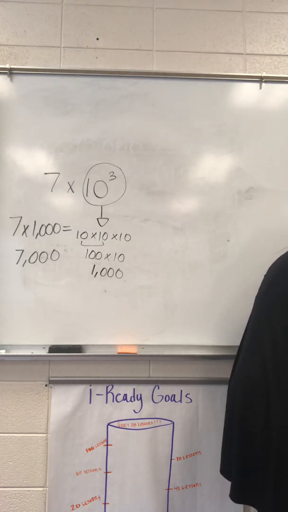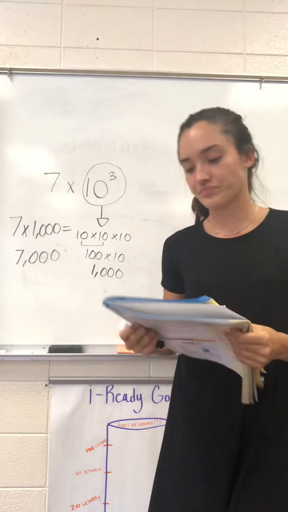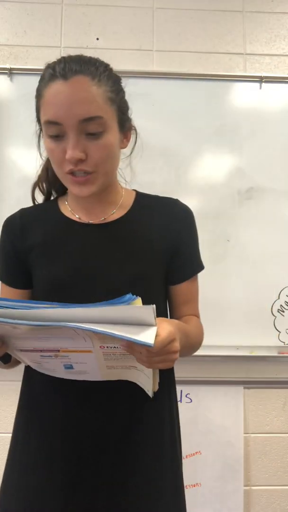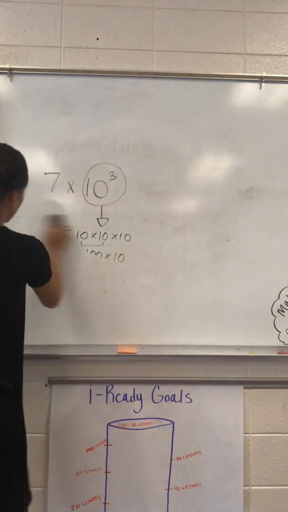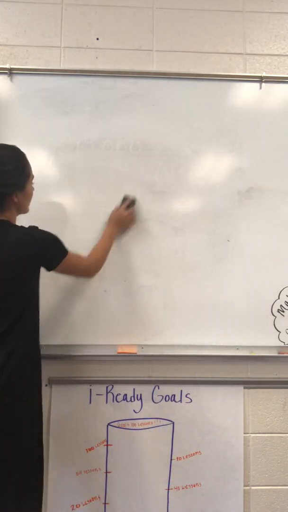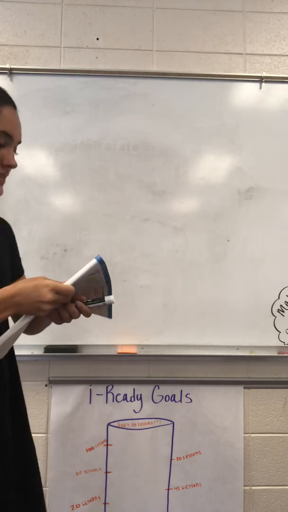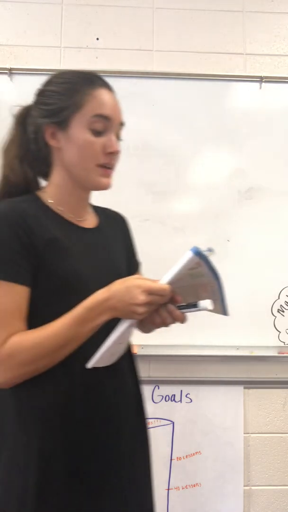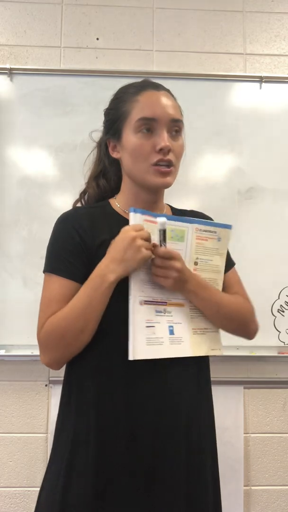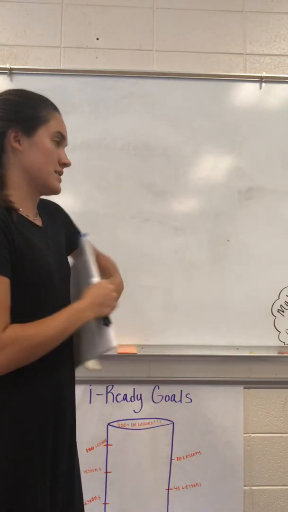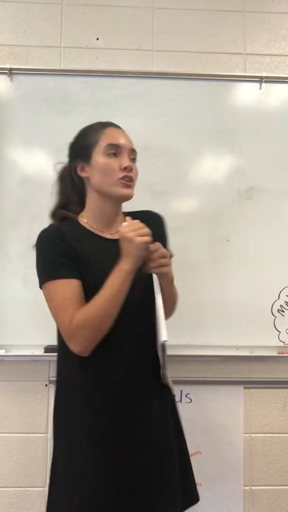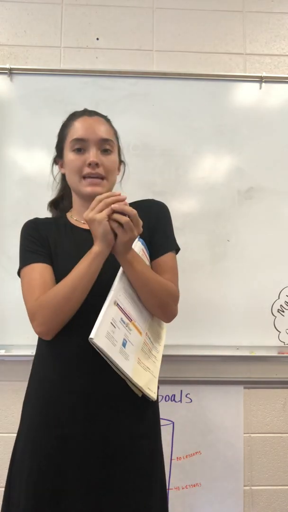Okay. All right. Let's go to page 25, and we're going to look at number 6 now. Okay, so number 6, it says write in exponent form and word form. So they've already given you the 10 times 10 times 10 on number 6. So they've already broken it apart for you. Now you're going to put it back together to make it exponent form.